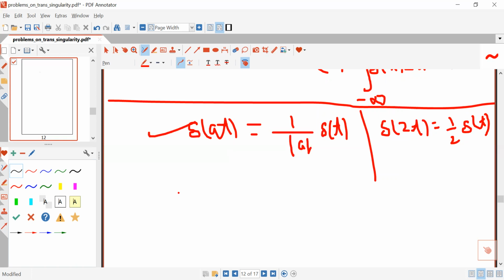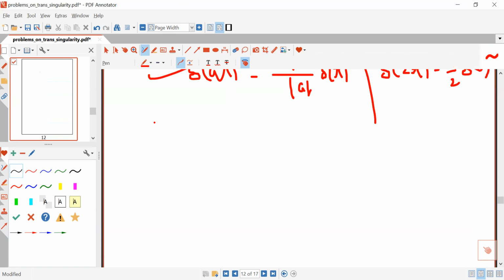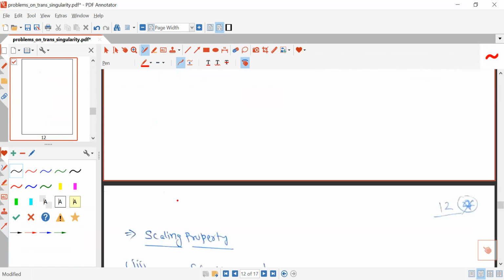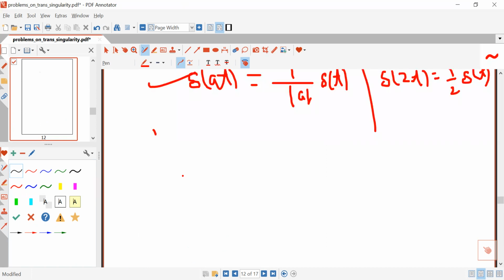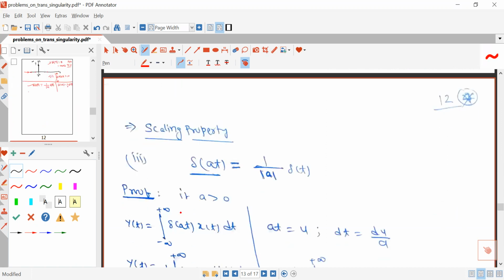Now you can prove this property just by considering this expression. I have derived this property in this PDF file.